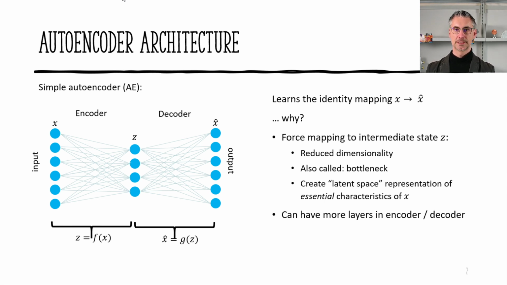But now we use this small bottleneck Z. So for the network to be able to do this, the encoder part needs to learn what makes these images characteristic, and this is the latent space representation of these images. And then the decoder reconstructs this latent space and gives us back the original images. We can of course have many more layers in the encoder and decoder setup.